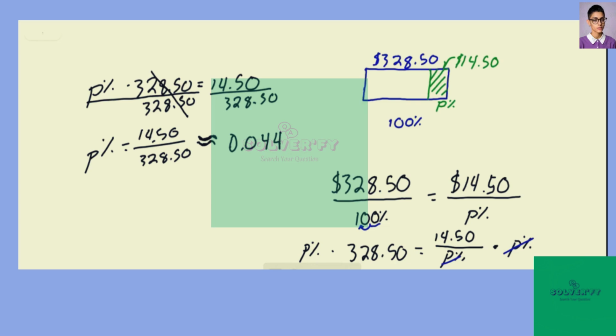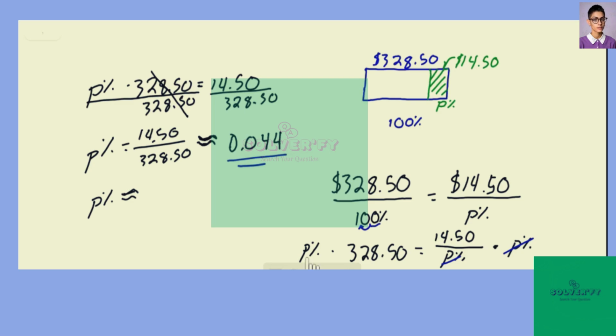All right, so if my p percentage is equal to 0.044, what's my percentage? Well, I could make these look the same on both sides by changing this decimal expansion into a percentage expansion, right? I want to see what p% equals not as a decimal, but as a percentage.